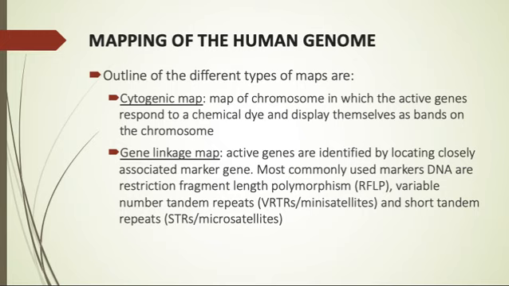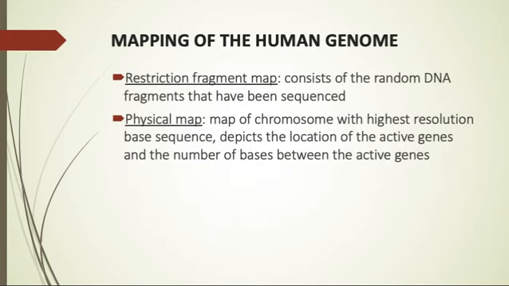And then you have the variable number tandem repeats, that is VNTR, also called minisatellites. And then you have the short tandem repeats, that is STRs, or we also call them microsatellites. Then you have the restriction fragment map, which consists of random DNA fragments that have been sequenced.